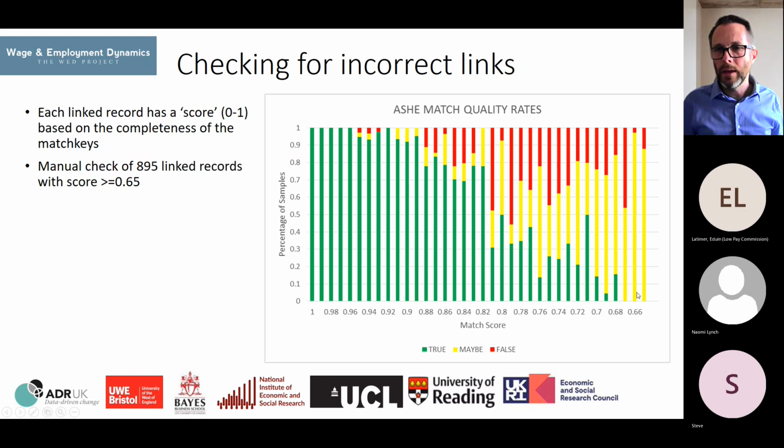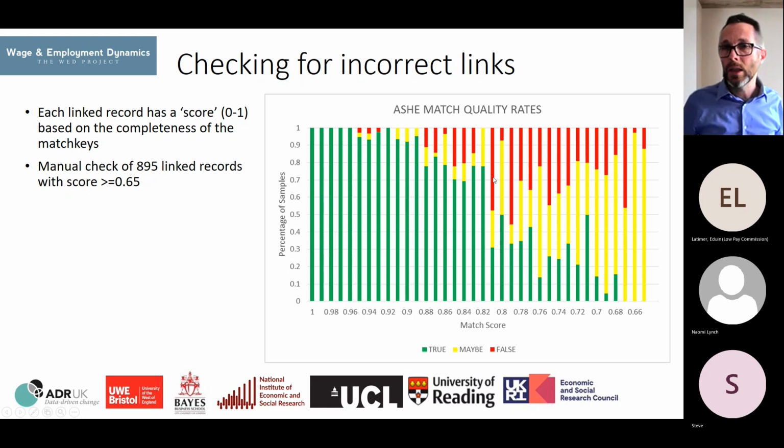And what you'll see in this graph is as you move from right to left, the proportion of green in each sample goes up, and there's a jump around this match score of 0.82. And so once you get to a match score of 0.82, then the share of records in that particular group invariably looks like true links, okay, from the manual inspection.